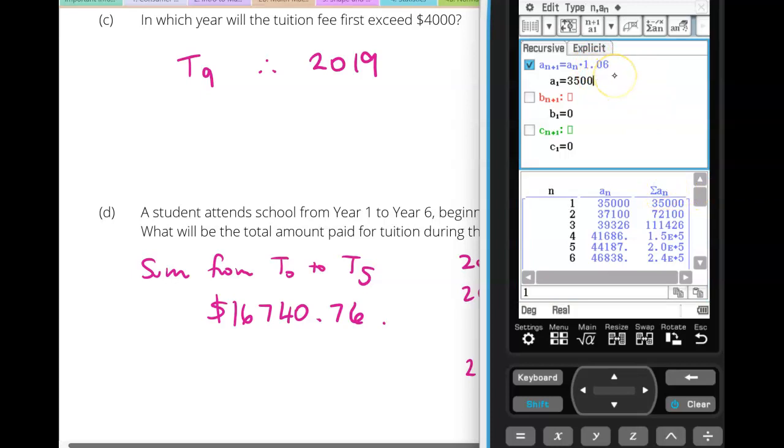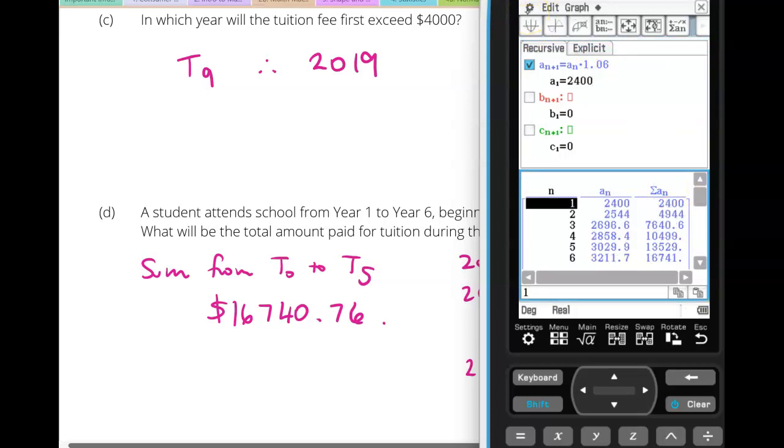You would still get those same figures. And there's your sum. But you would sum from term 1 to term 6, not term 0 to term 5. So it just depends on that starting value, how the sequence has been numbered.